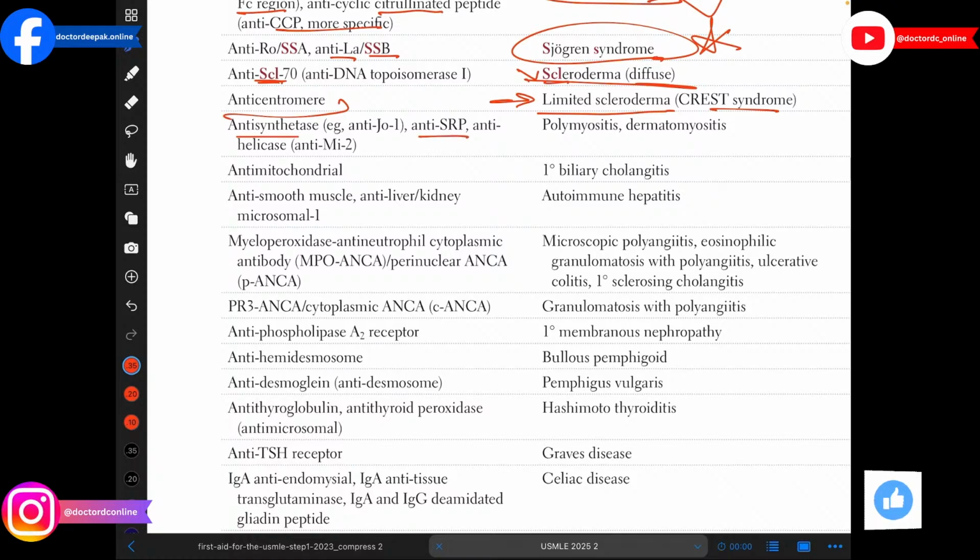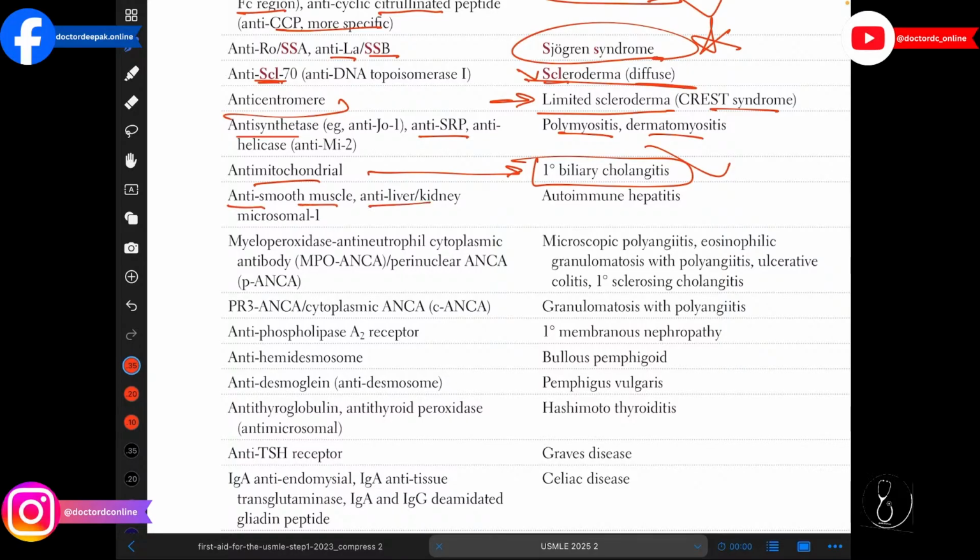Anti-synthetase or anti-SRP are associated with polymyositis and dermatomyositis. Anti-mitochondrial antibody is primary biliary cholangitis. Anti-smooth muscle and anti-liver kidney microsomal 1 are autoimmune hepatitis.